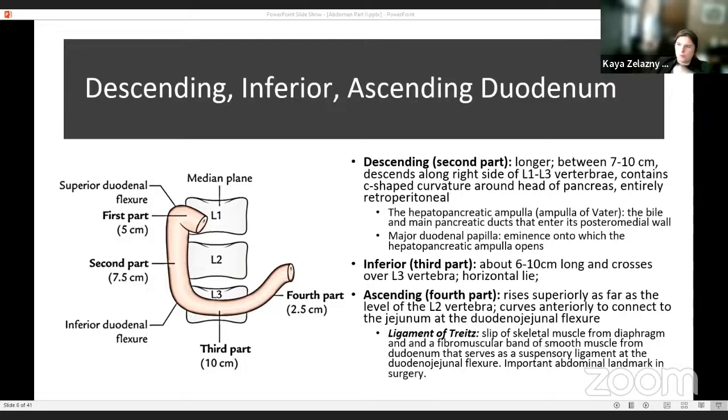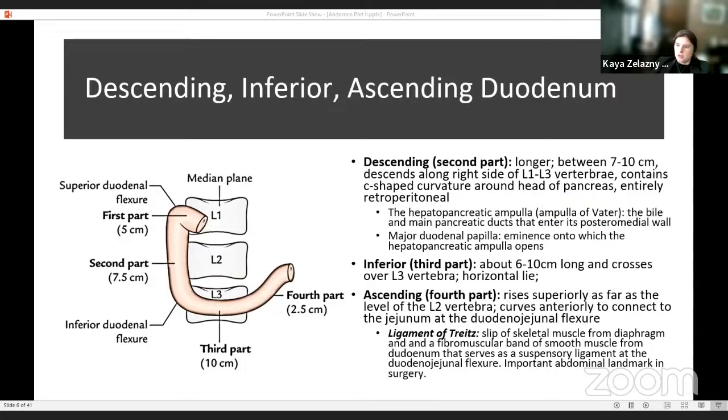Okay. We're going to refer to the space essentially where this ampulla is opening as the major duodenal papilla. So that's just going to be kind of our name for this area where we have the opening. The more common name is the one in parentheses, just so you know, this ampulla of Vater.